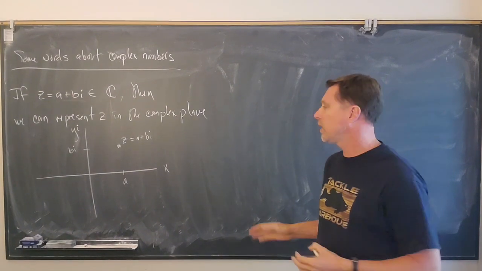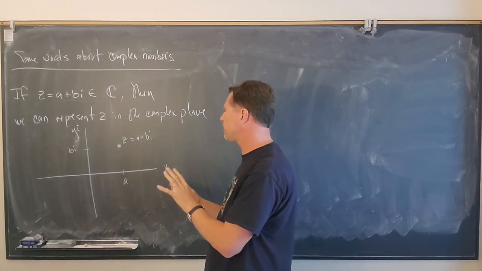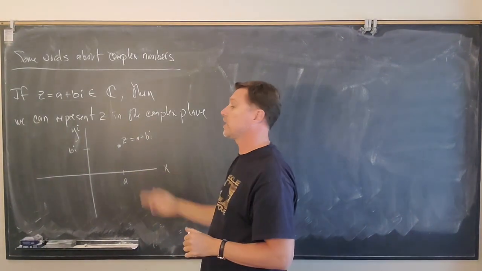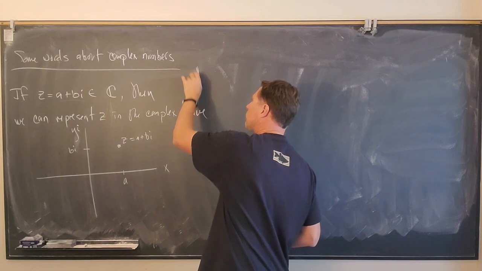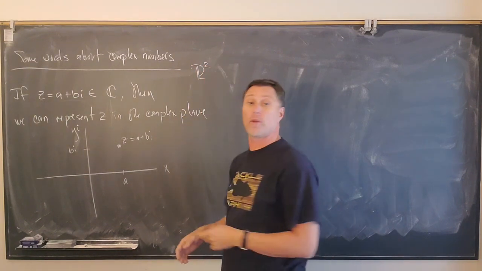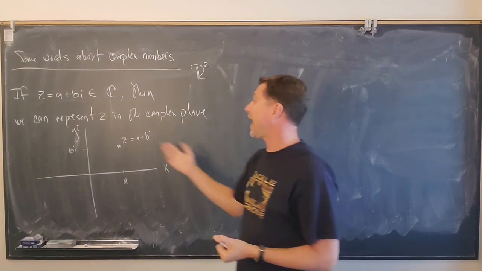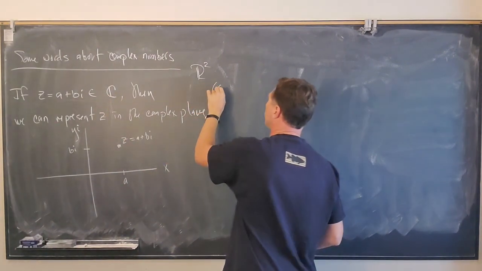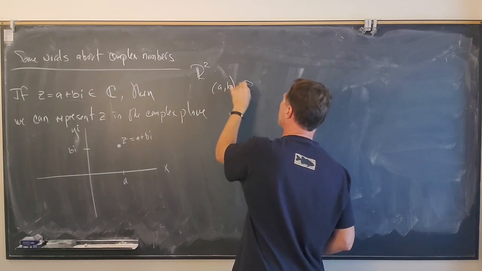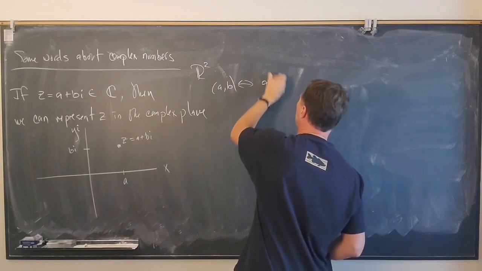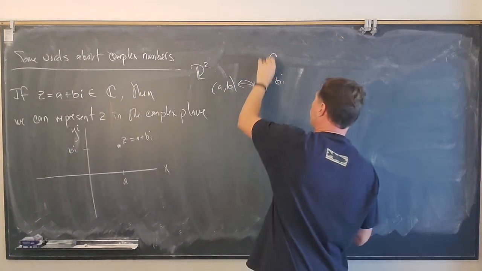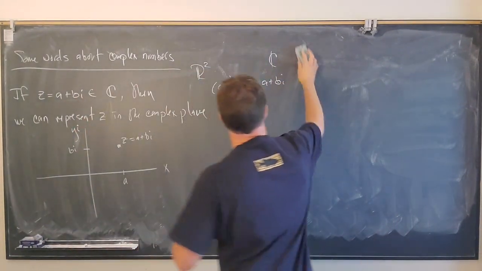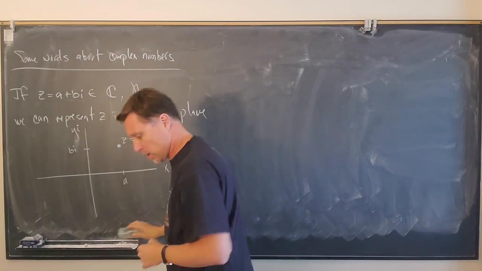our complex number then sits in the plane like that at a plus bi. You can sort of think of a correspondence between R2, where all the elements are written as ordered pairs, and C, the complex plane, where (a, b) corresponds to a plus bi in the complex plane. All right, so there's the idea. We can draw a picture of the complex plane and represent elements in there.